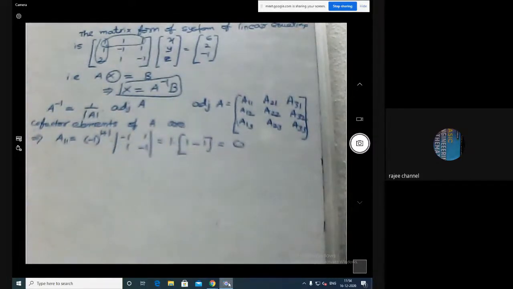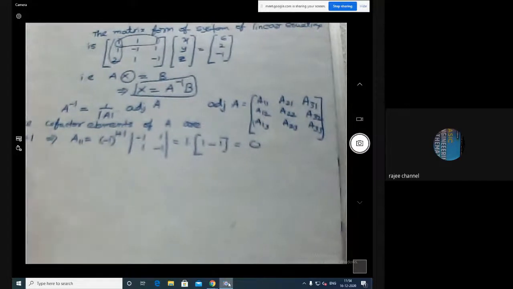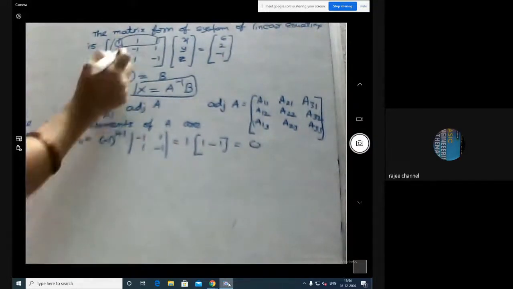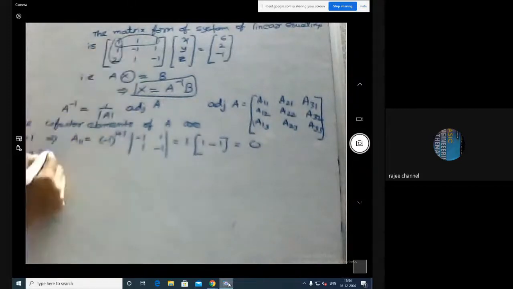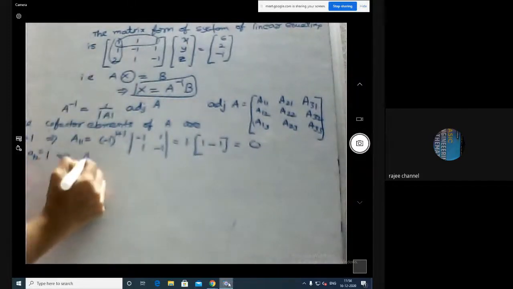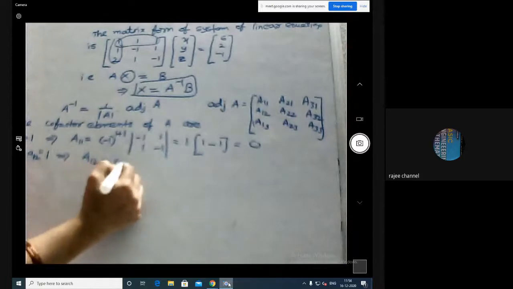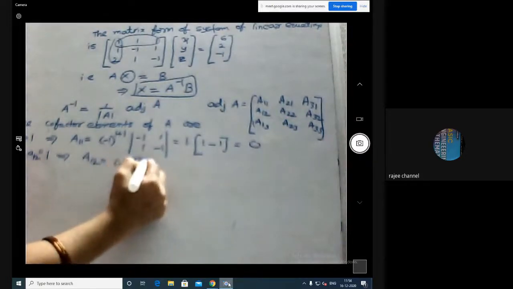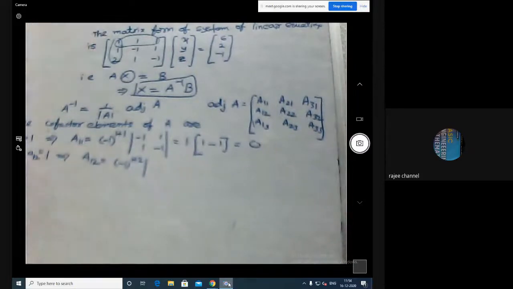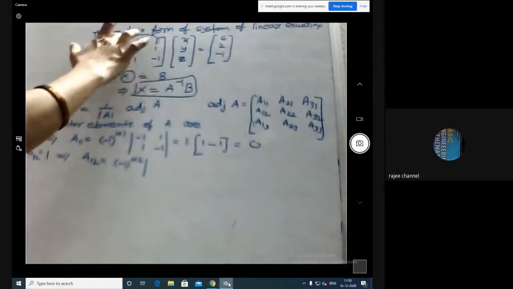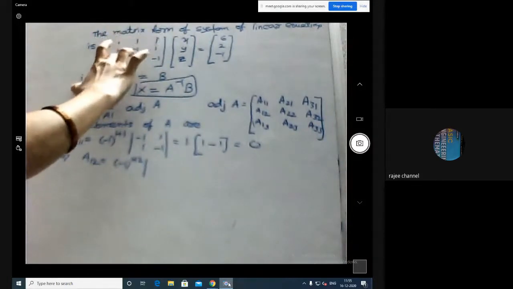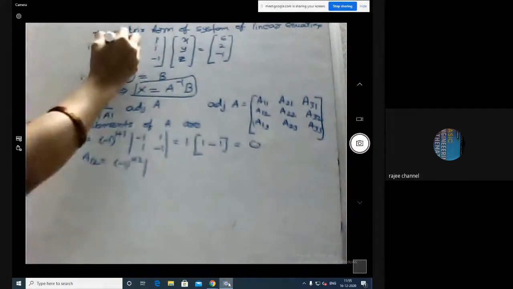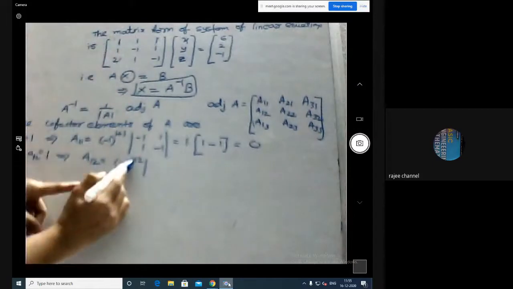Next we find A12, capital A12. A12 is equal to 1. So for this we now find the cofactor element using the formula -1 whole to the power of 1 plus 2, and take the determinant. Here we are removing the first row and second column.